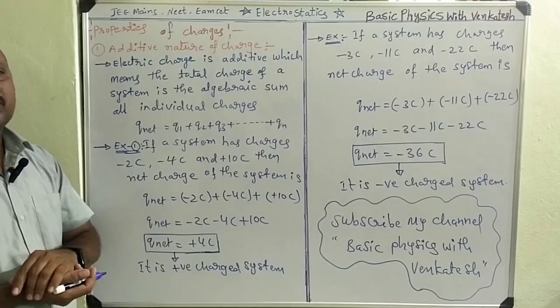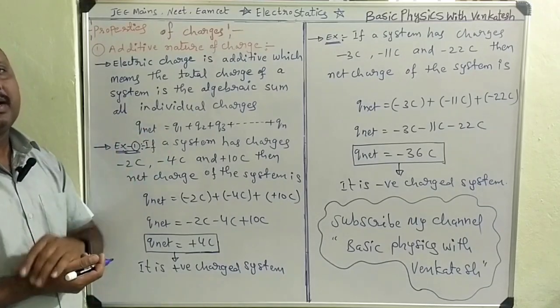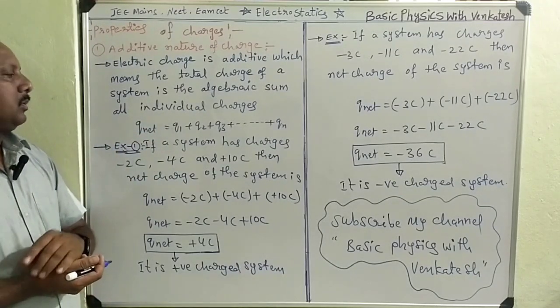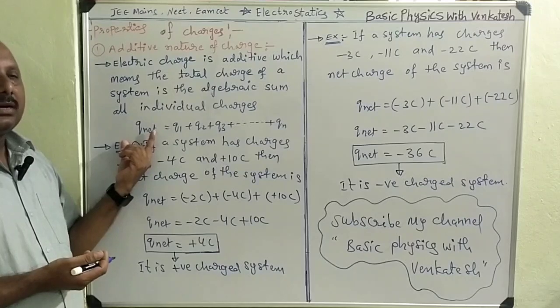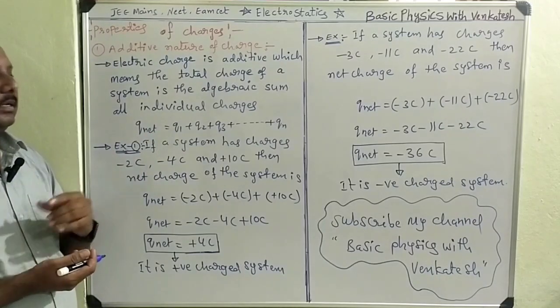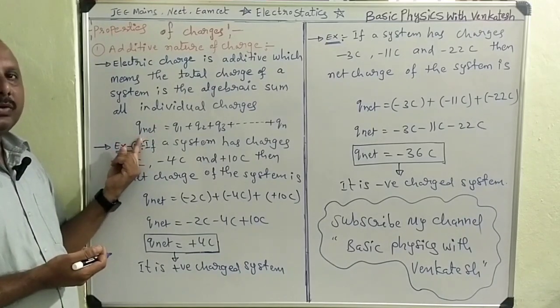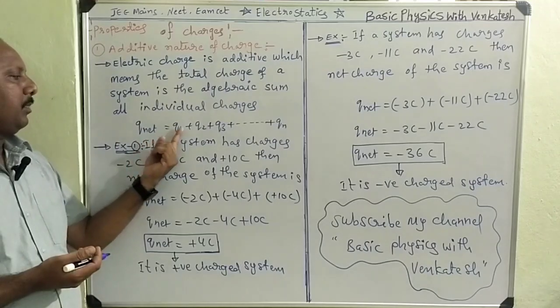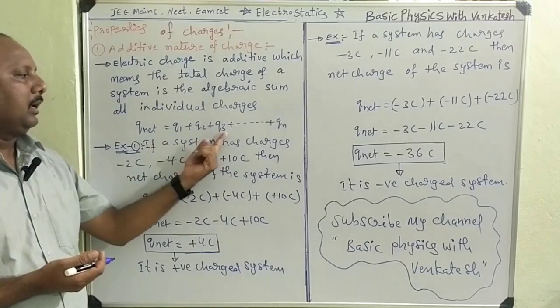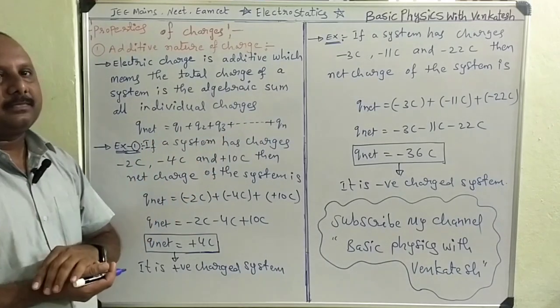It is a number, so it can be added algebraically. So the total charge of the n number of charges of the system is Q net equals Q1 plus Q2 plus Q3 plus and so on Qn.